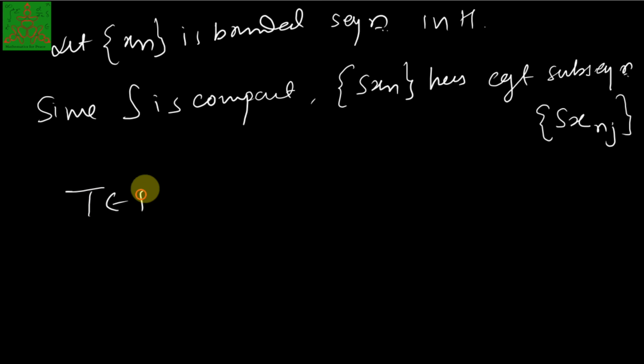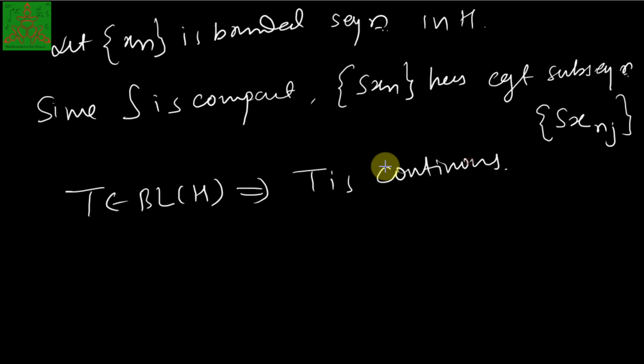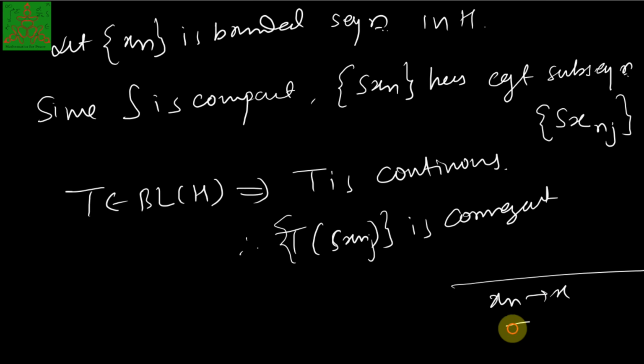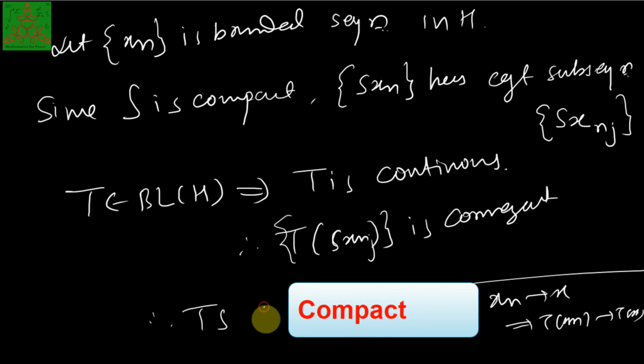And as T belongs to BL of H, T is continuous, so T of S of x_nj is convergent. Because if T is continuous and xn converges to x, then T of xn converges to T of x. So if I apply T on this, it is automatically convergent. So that proves that TS is also compact.